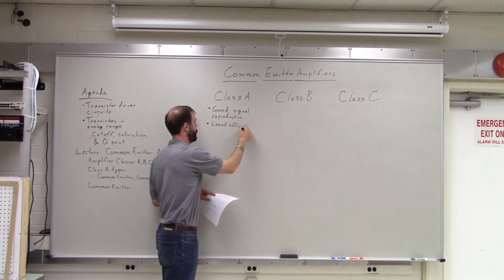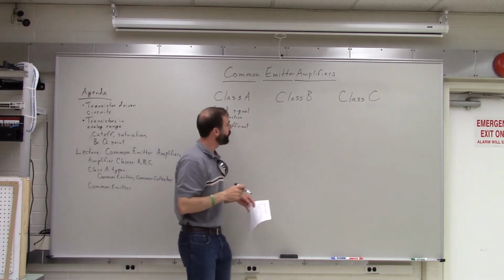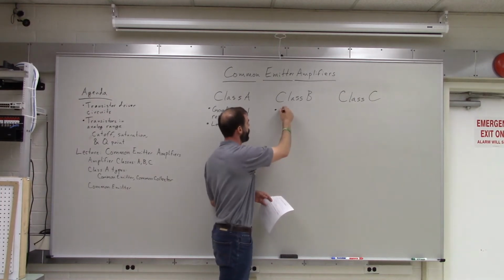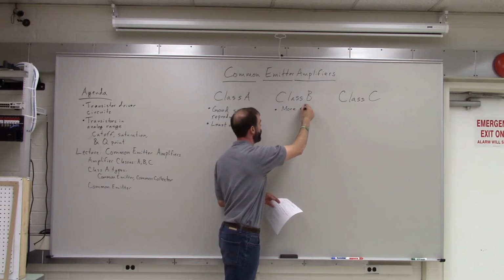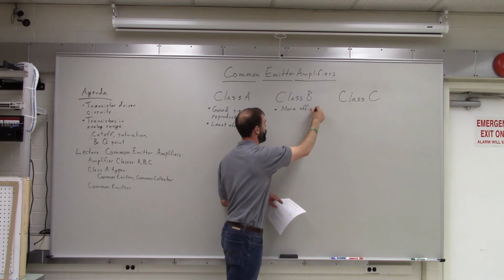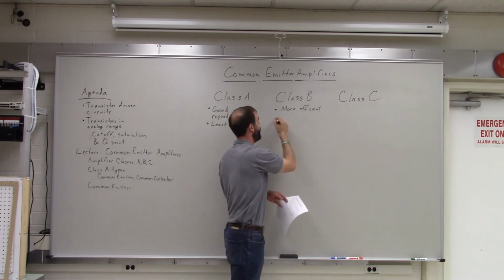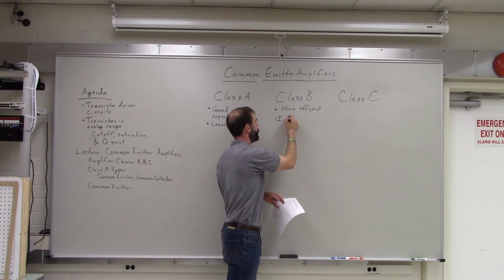Class B amplifiers are more efficient than Class A, but they can introduce distortion.